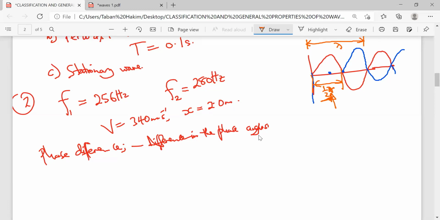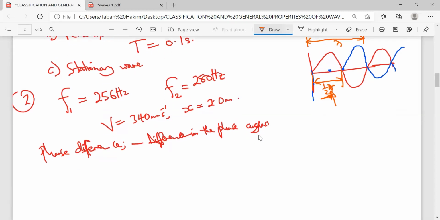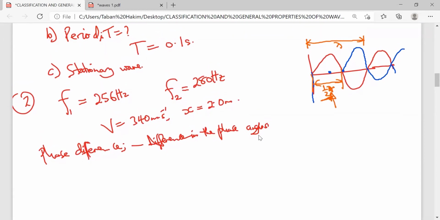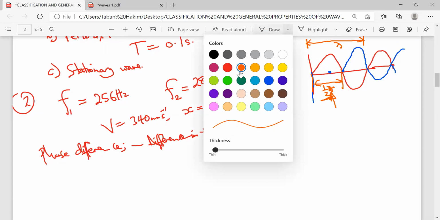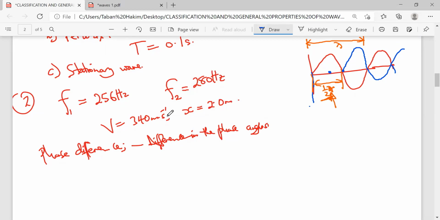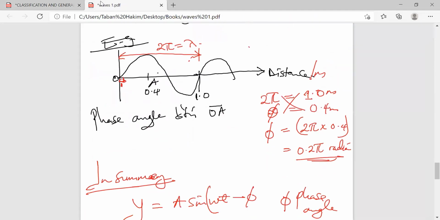Now, coming back to this one here, if you are to solve this, we need to get two phase angles for the two waves, and then we subtract them. How do we find the phase angles? From the other expression that we had, let me take you back here.